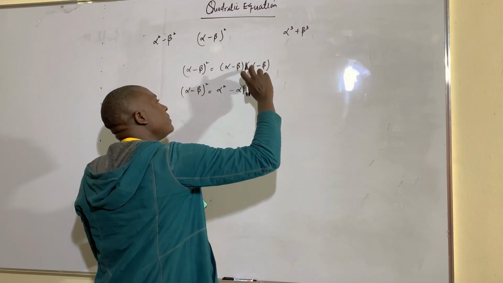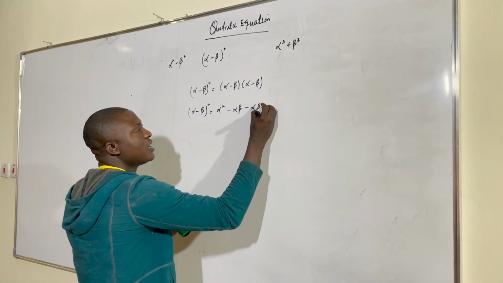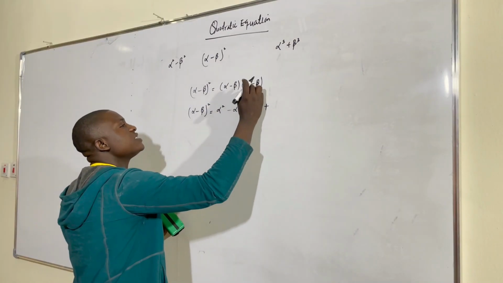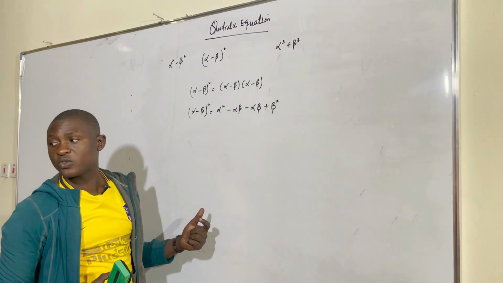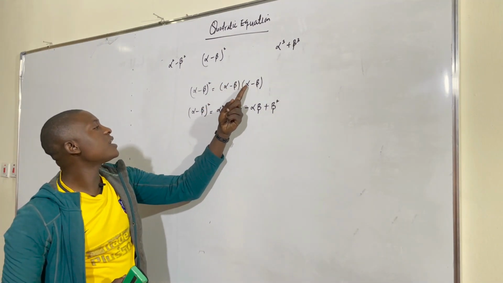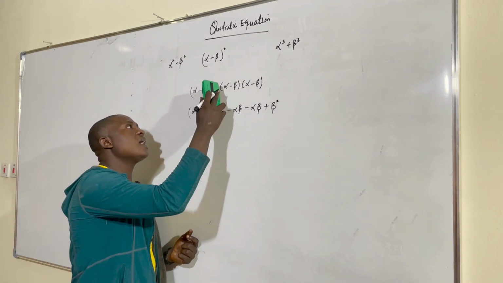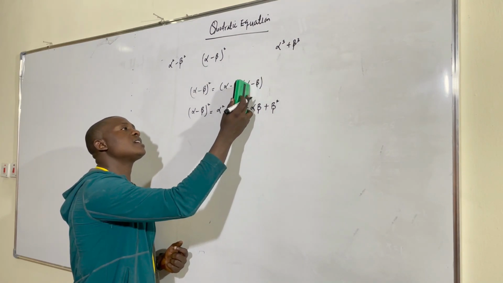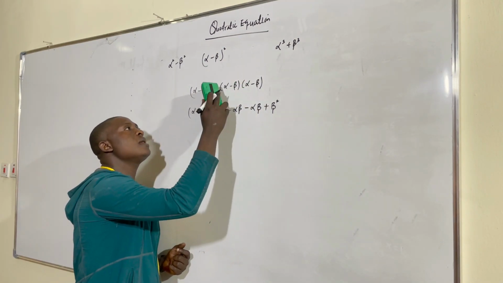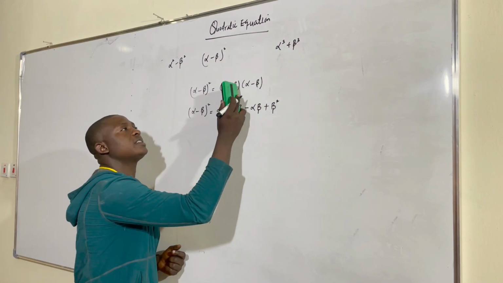Minus beta times alpha is going to give us minus alpha beta. Minus times minus is plus, so beta times beta gives us beta squared. I just expand this one to get my result.